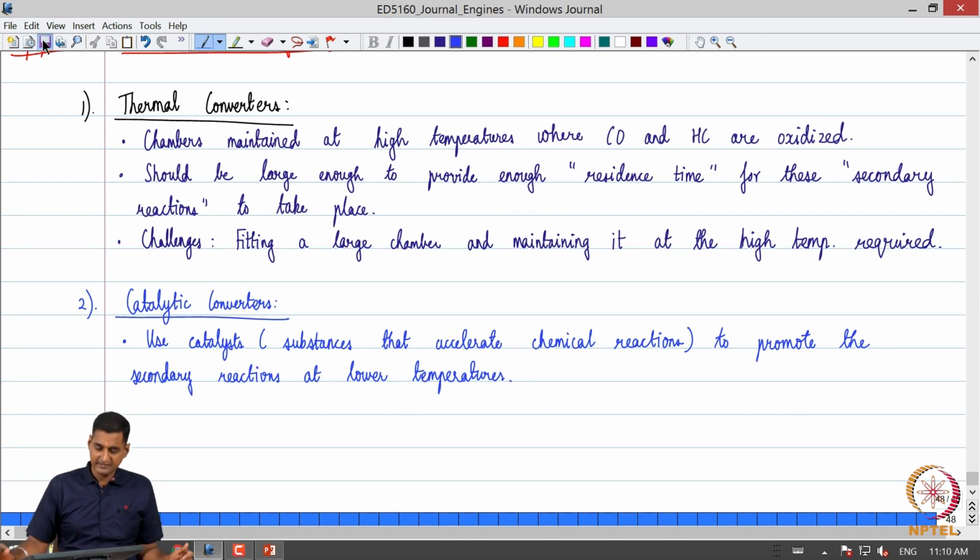Okay. So, that is an important aspect, right, of a catalytic converter.